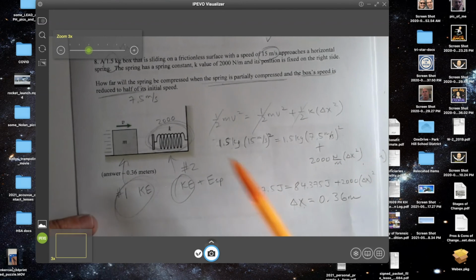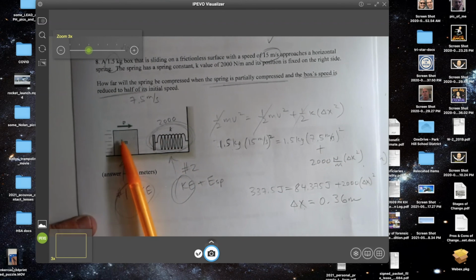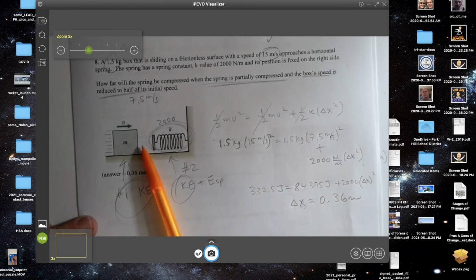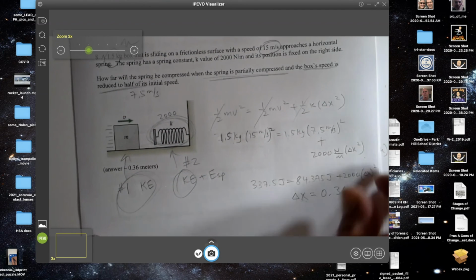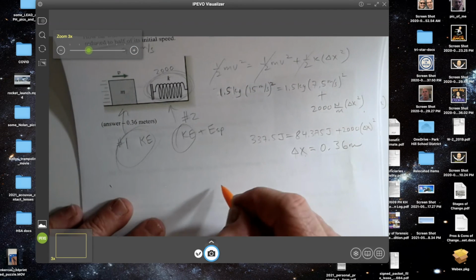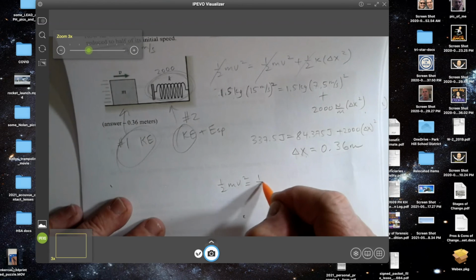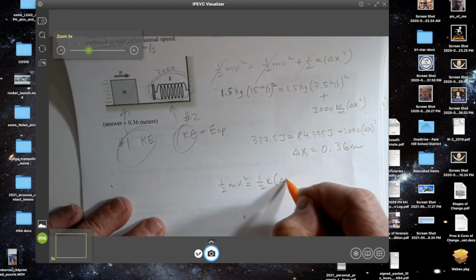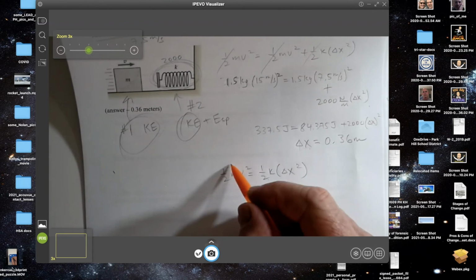If we gave the spring more time to work on this, the spring would probably stop the box. And we could actually determine that. So we could say, if all this energy here, 1/2 mv squared, goes to spring energy, and the halves again cancel.